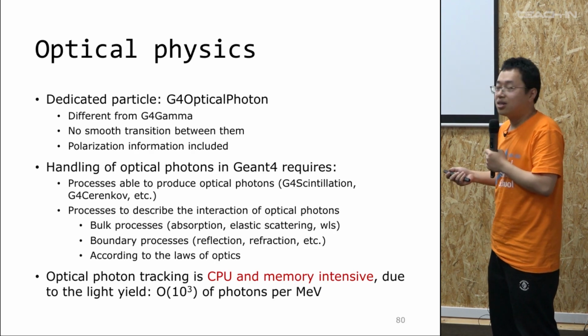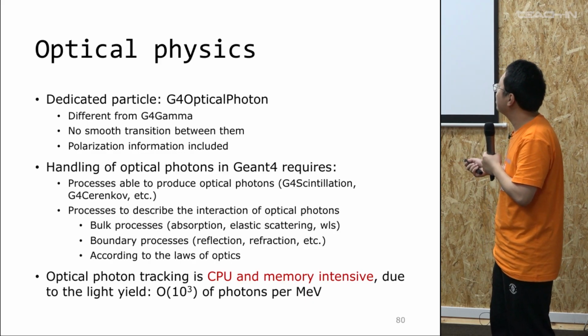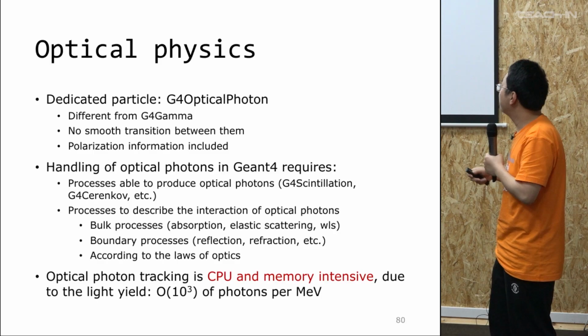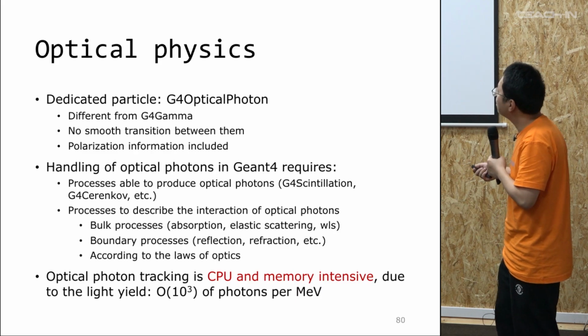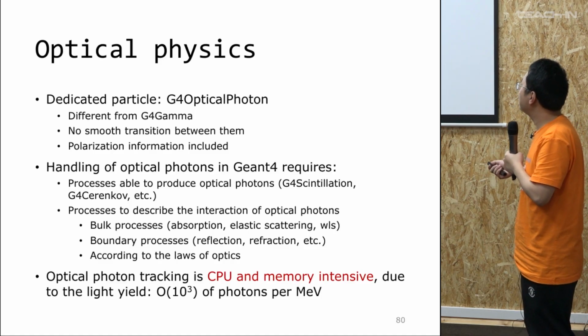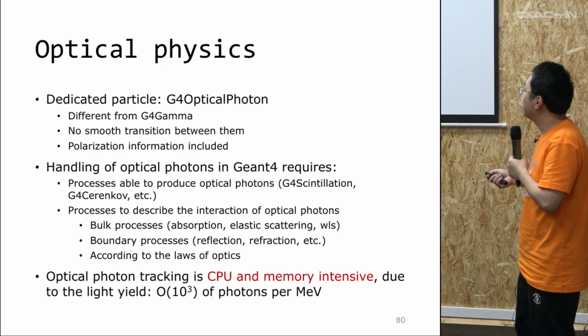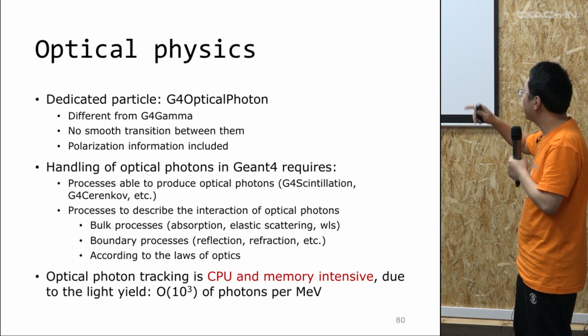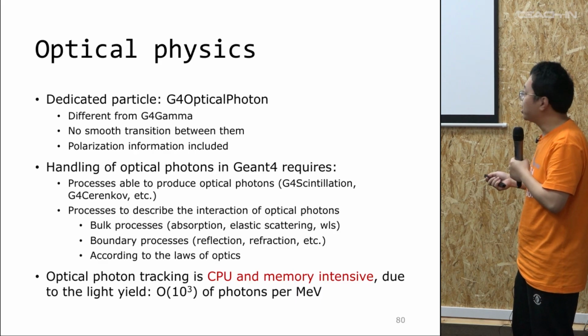We also need to add processes which handle the interaction of these optical photons with the material. The following processes are included: absorption, scattering, and wavelength shift. And also we have the boundary processes, like reflection or refraction at the boundary. They all follow the laws of optics.